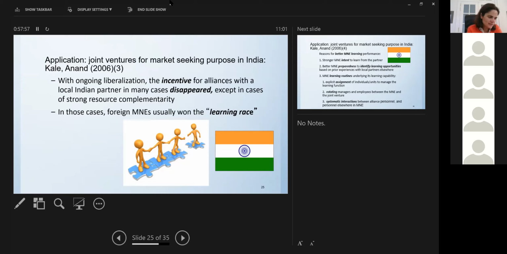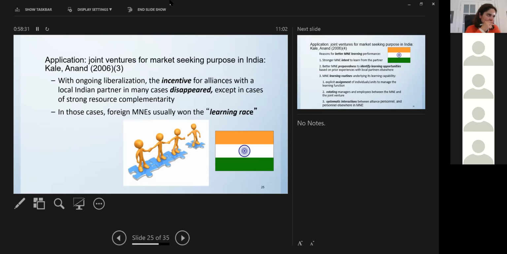So what is interesting is that in this case of the Kale and Anand article, we see that the foreign multinationals learned a lot about India by these alliances. By really learning a lot about the local markets, about the distribution, about how to cope with bureaucracy, or how to cope with a lack of transparency in how to convince Indian clients to buy their products.